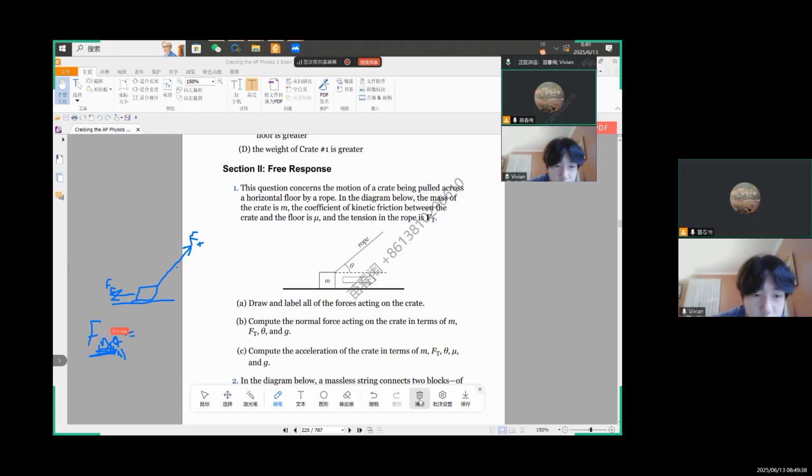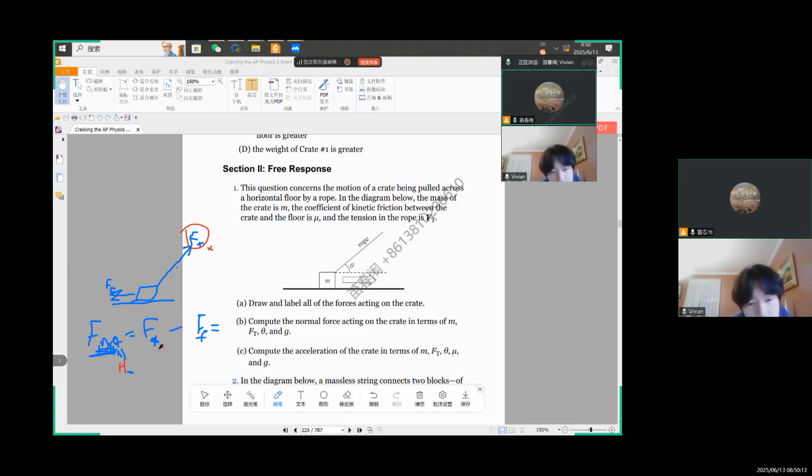Sigma F equals FT minus F friction. Yeah, minus friction. And when you say FT, do you mean FT in here? Yeah. Technically, this is not exactly F net. This is F net horizontal. Oh, F net x. So this is FTx, right?